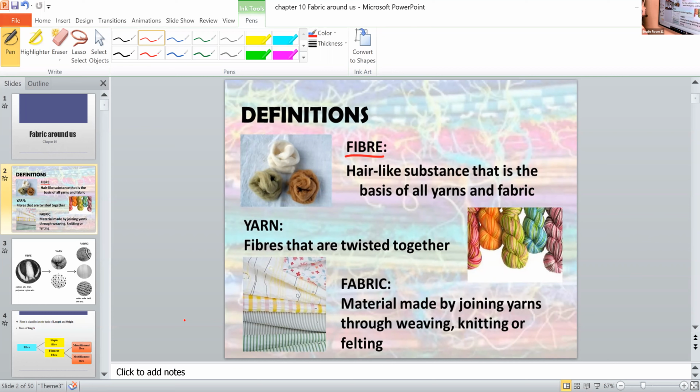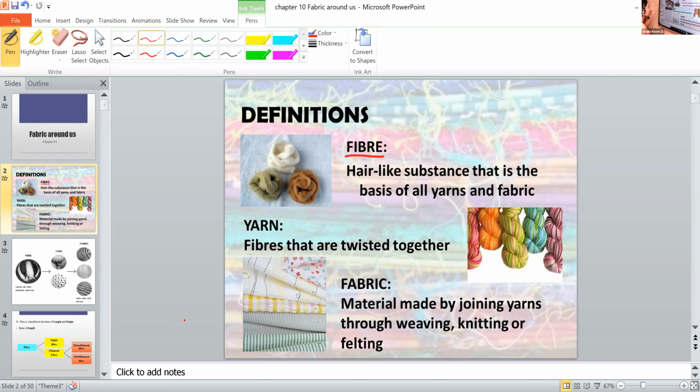So these are the new terms in fashion: the fiber, yarn, and fabric. The fiber is a hair-like substance.